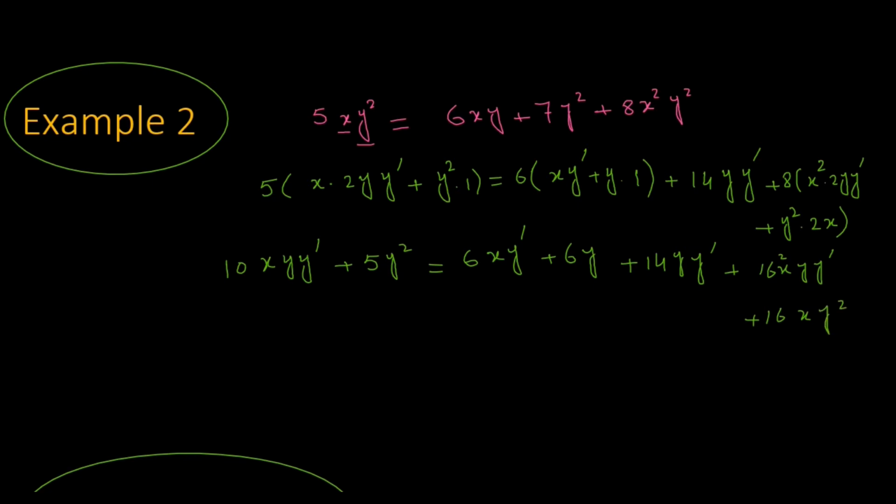Okay, so now you will take common the terms which contain y prime. This term contains y prime, this term contains y prime, this term contains y prime, and this term contains y prime. So y prime will be common from these terms.